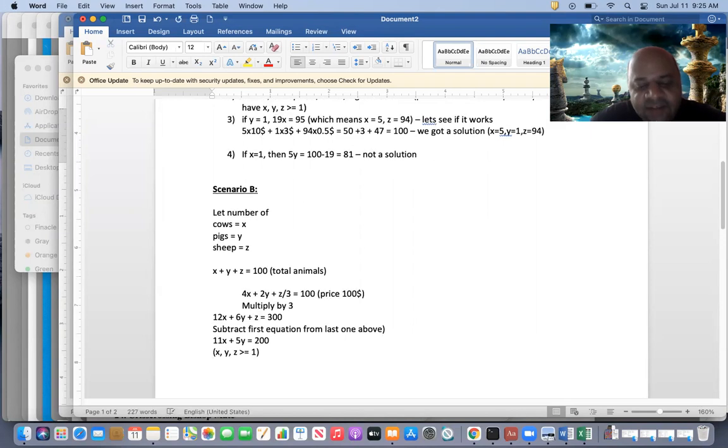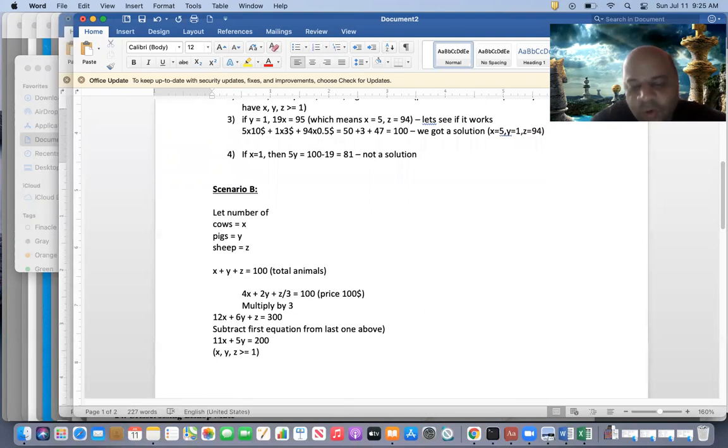Let us start with y equal to 1. Then 5y is 5, so 11x is equal to 195. There is no integral solution for 11x equal to 195, so y equal to 1 is not possible.